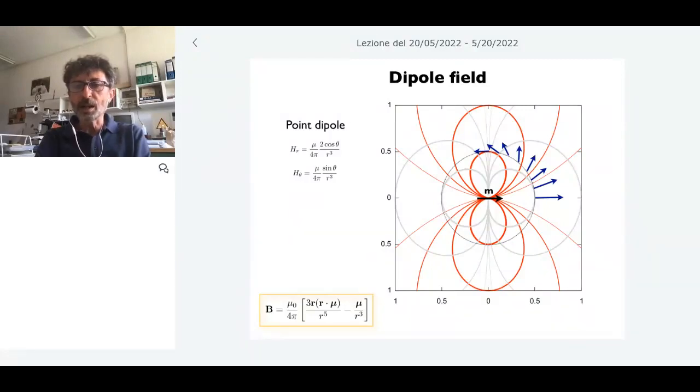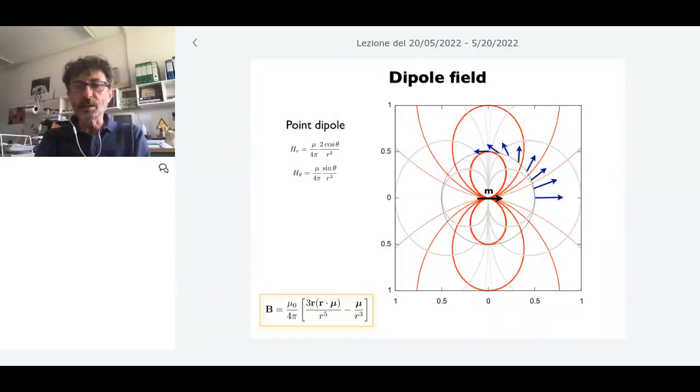The potential lines are lines where the energy is the same, the vector potential is the same in this sense. Something quite important happens for the dipole field. Put yourself at a given distance from the moment, which is at the center, and then turn around it.